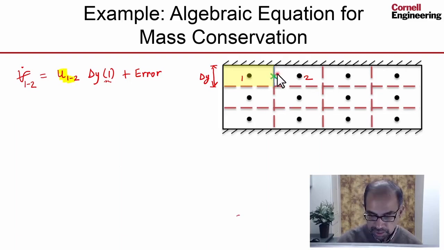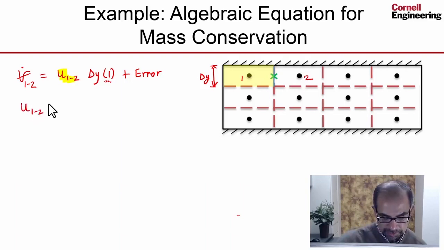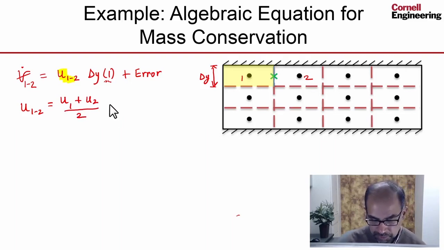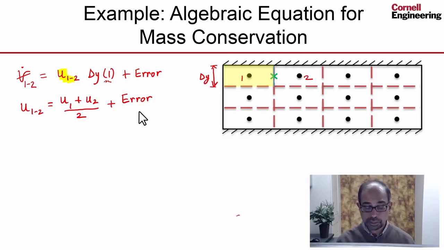Now this velocity here I'm not calculating directly, so I'm going to use an average between those values, which I am going to calculate directly. So u1-2 I will say is the average of u1 plus u2 divided by 2, and we'll assume uniform grid spacing for simplicity. And in that process we introduce another error. So that's a different error, and there are two different errors coming in.